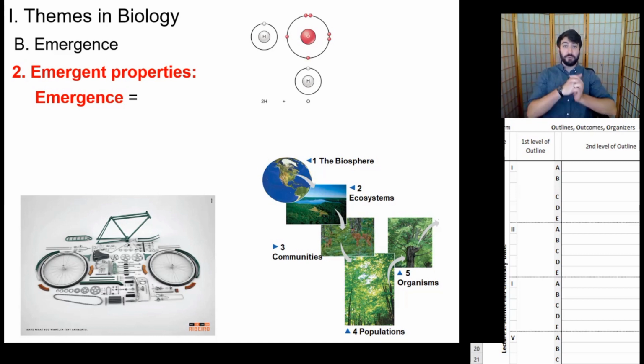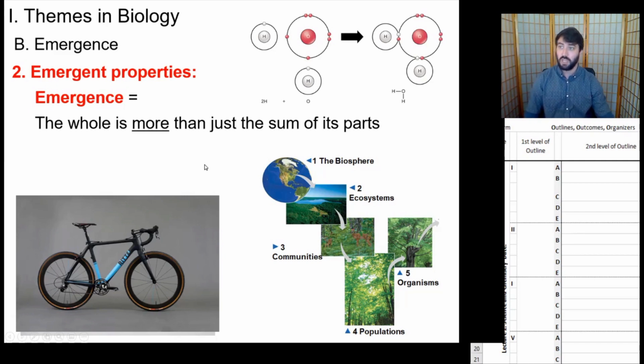But when you assemble these pieces in a particular way, you get new properties that emerge, right? So now that you've assembled these bike pieces, you actually have a functioning bike that you could ride, that could roll, that can do all these things that you definitely couldn't do with just the parts themselves. So riding a bike is an emergent property of the bike pieces.